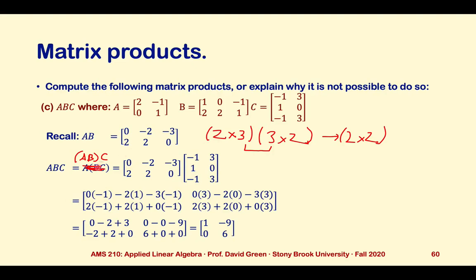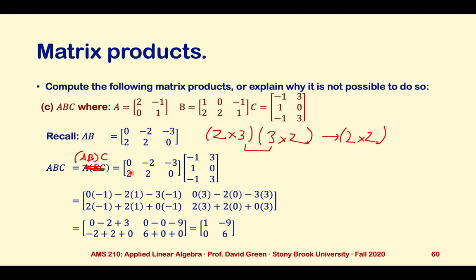Adding up the product of corresponding terms each time. 0 times -1 plus -2 times 1 plus -3 times -1, 0 minus 2 plus 3 is 1 for the first element of the first row. 0 times 3 plus -2 times 0 plus -3 times 3, 0 minus 9, -9 for the second entry in the first row of the product.